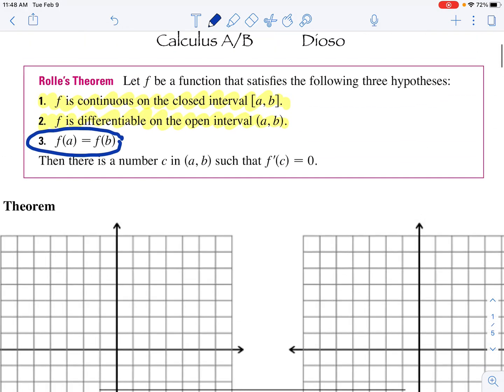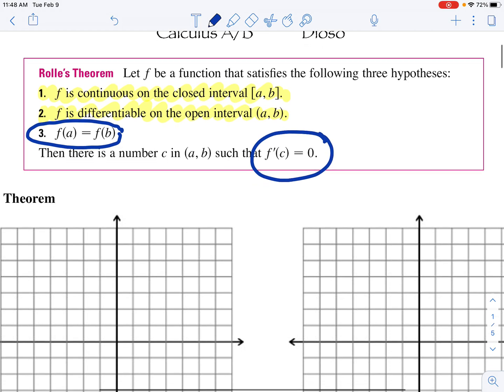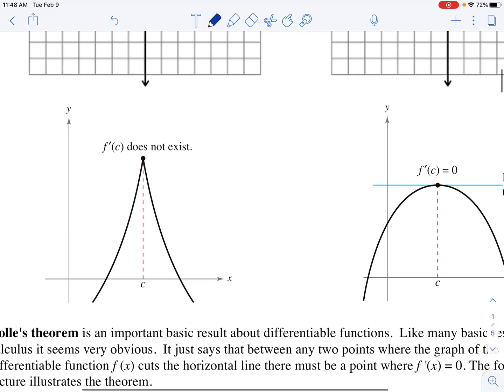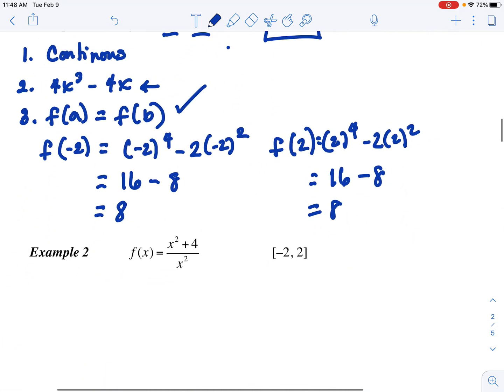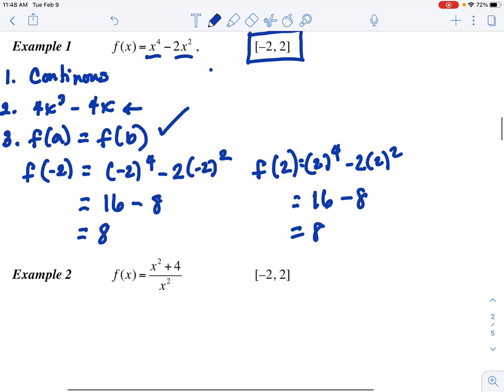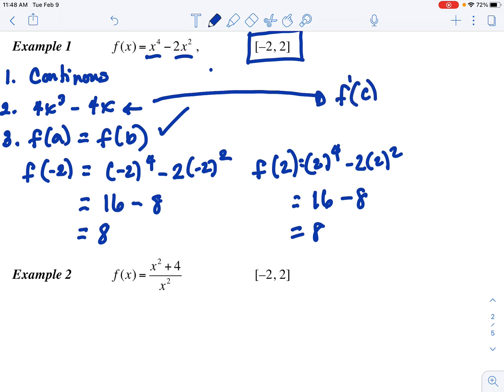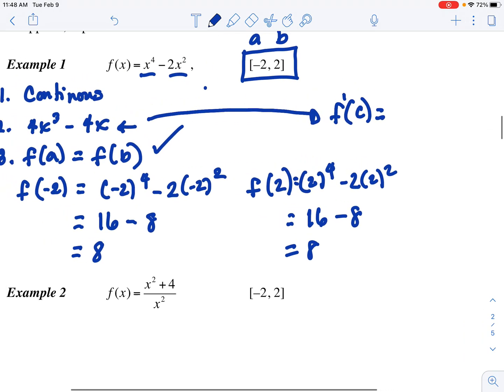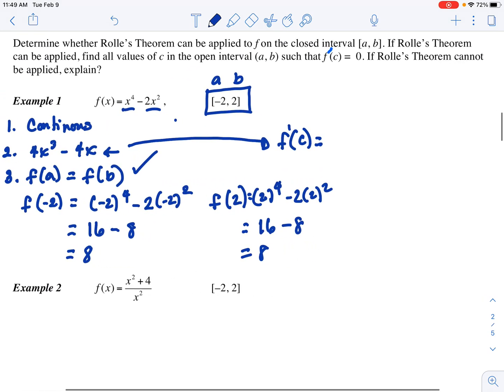So the last thing we need to show is that there is some c of this derivative that equals 0. From here, we already got our f prime. So f prime of c is equal to 4c cubed minus 4c, set that equal to 0.